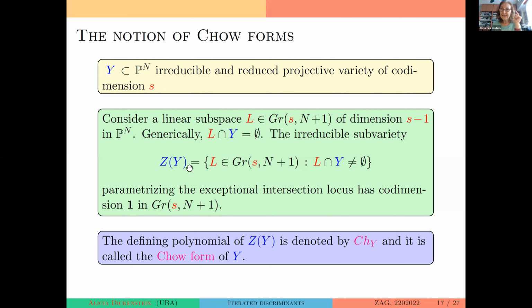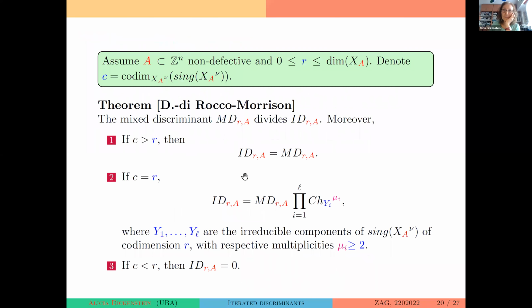It happens that this is a variety of codimension 1 in the Grassmannian, and its defining polynomial is the Chow form. So this Chow form will vanish on all those linear spaces which are not supposed to intersect by dimensional reasons, but which do intersect our variety Y in these exceptional intersections.